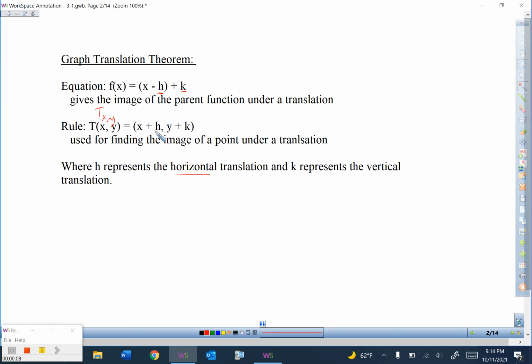How that works is, you'll notice on this right-hand side it says take the X value and add H, take the Y value and add K. This is a formula for finding the image or the result of a point underneath some sort of transformation, in this case a translation. This is going to be very powerful for getting ordered pairs really quickly without necessarily having to use the new equation.